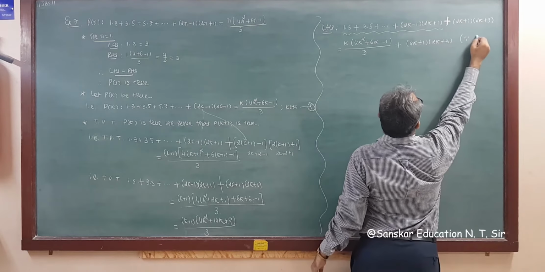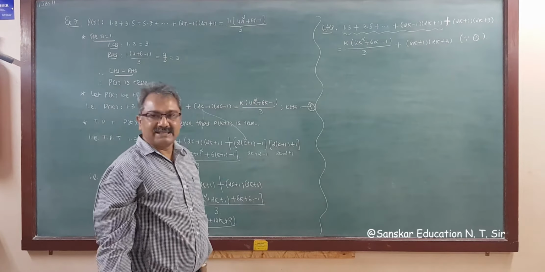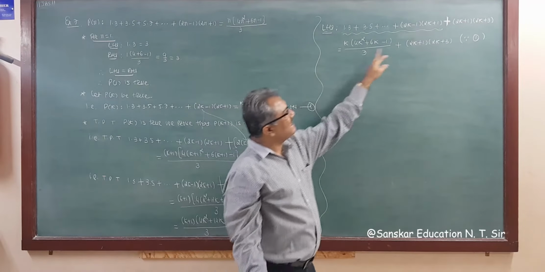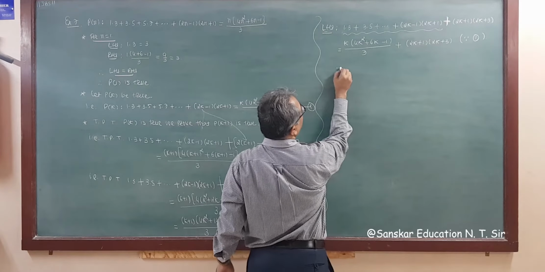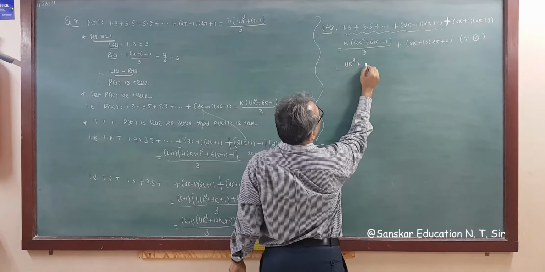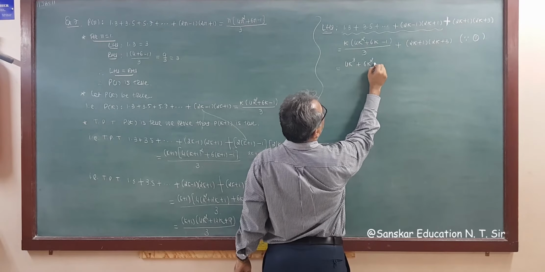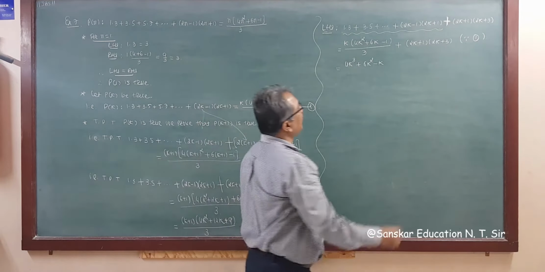Now multiplying this, taking LCM, multiply this term by 3 and expanding this also, so this is 4k cube plus 6k square minus k plus 6k square minus k.